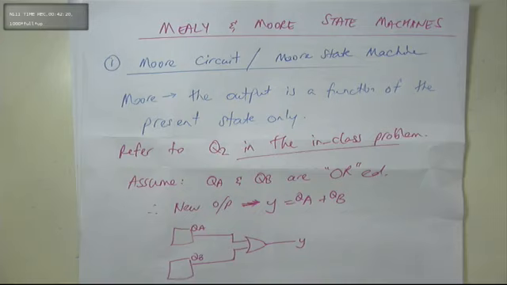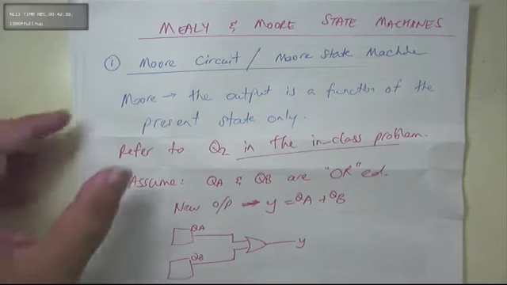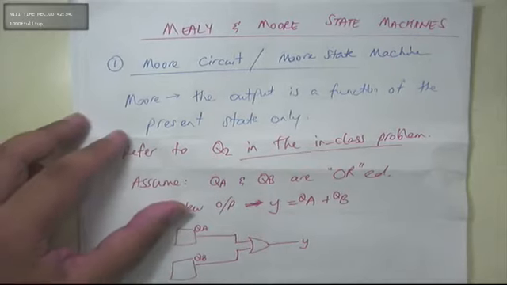Just write that sentence down if you want. There could be a question in your short test too, or in your final exam, to differentiate and explain how you derive the output. Now, state diagrams. Let's talk about the state diagram. I made a mistake early on.